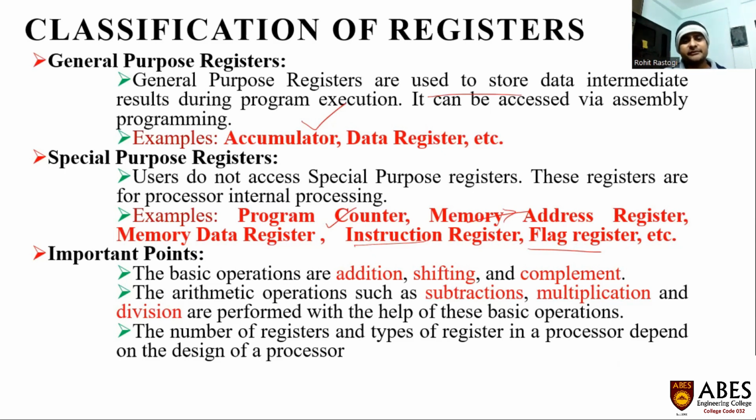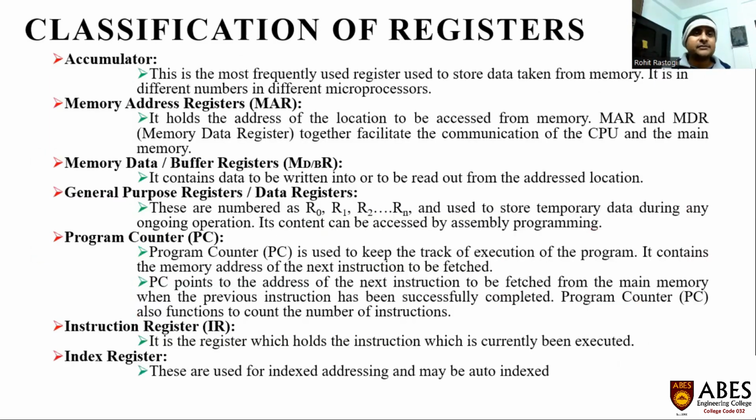As an important point, these are used to help in the basic operations of addition, shifting, and complement, etc. So arithmetic operations like subtraction, multiplication, and division are performed with the help of the basic operations of addition, shifting, and complement.